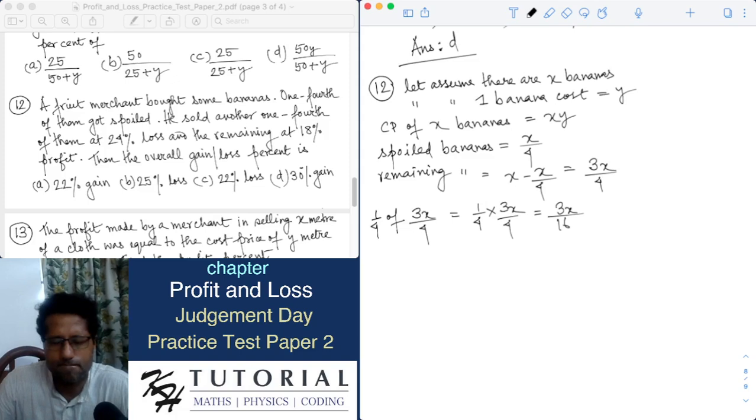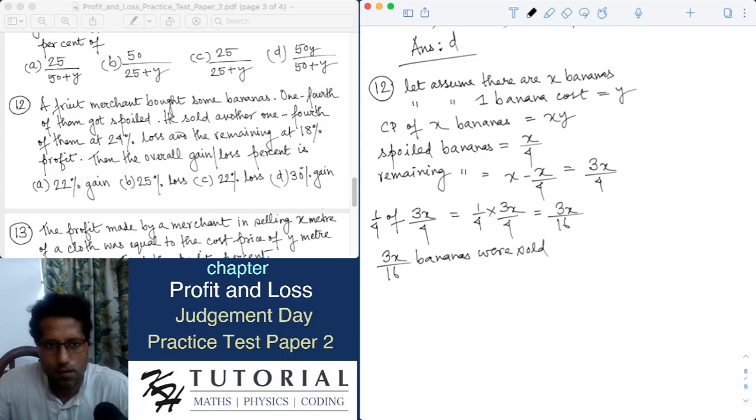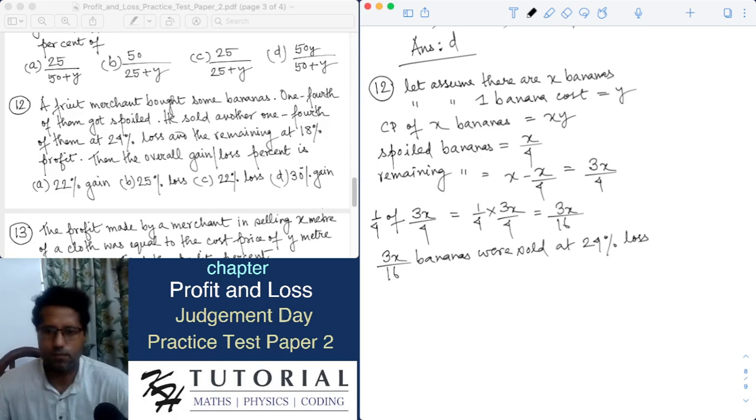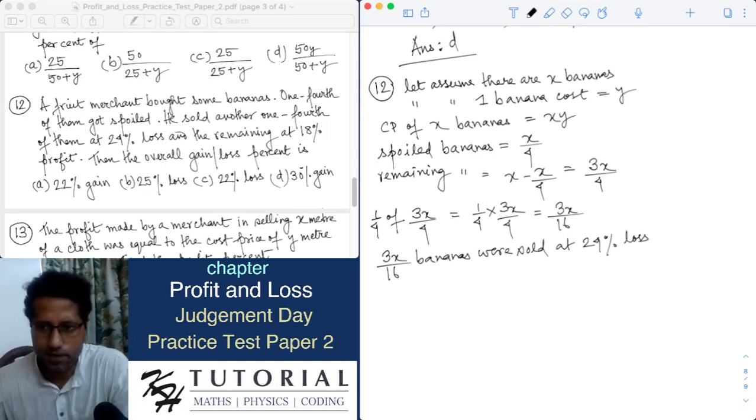So 3x by 16 bananas were sold at 24% loss.